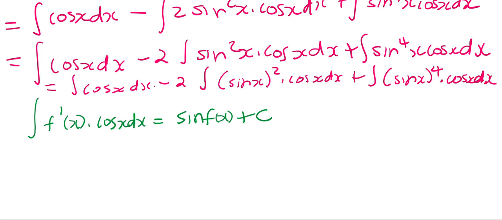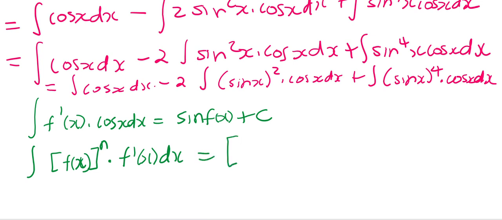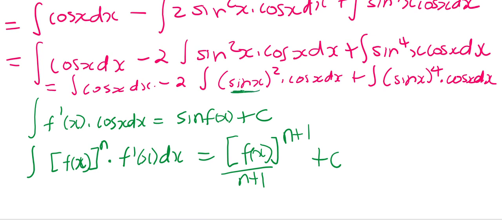Now from here, you'll notice that we can apply one of the formulas in the standard integral table, which says that if you are integrating a function f of x to the power of n times the derivative of that function, then this is equal to f of x to the n plus 1 over n plus 1 plus c. And you can see that here we have a function, and we know that the derivative of sine is cos, right? And our n in this one will be 2.